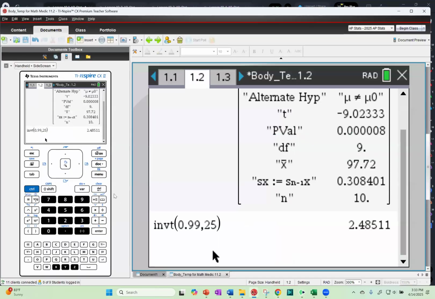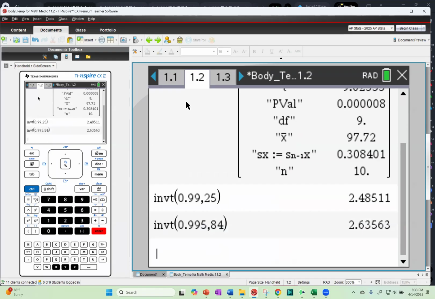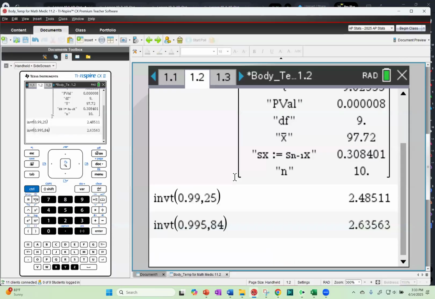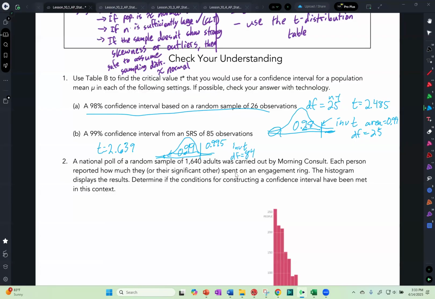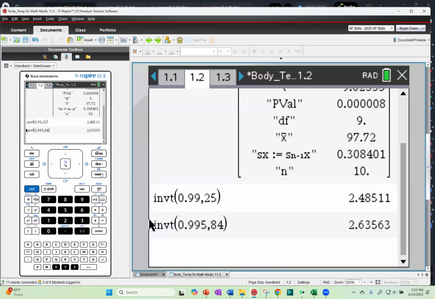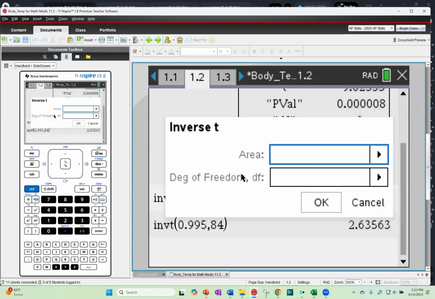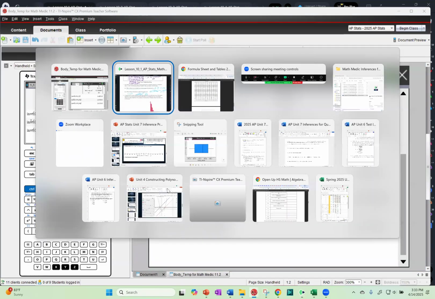And so for the savvy person, you can just hit enter with this, modify these numbers correctly, and 2.636, that's pretty close to what we got. Notice that's a little bit smaller, again, because we were able to use a higher degrees of freedom. So you can do the whole thing again, though, inverse t, if you're not comfortable with how I got there. Same exact answer. All right, moving on.